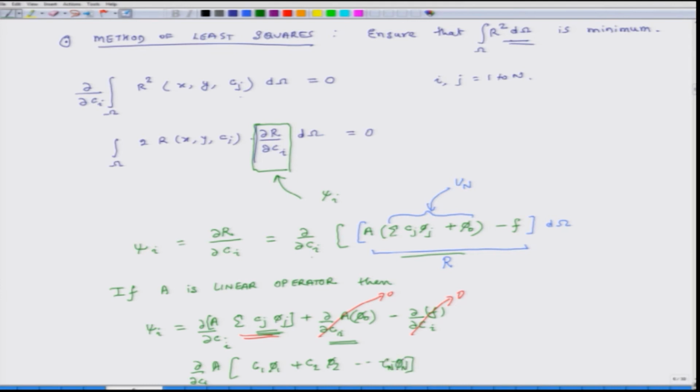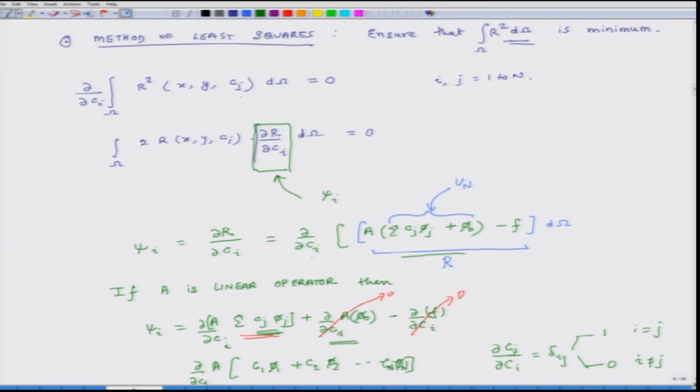Okay. Now, when I differentiate, what does that mean? If i equals 1, then only the C1 term will appear in the system, because the partial of C2 with respect to C1 is 0, right. So, partial of Cj with respect to partial of Ci is equal to the Kronecker delta ij, and its value is 1 when i equals j, its value is 0 when i does not equal j. Okay, understood?